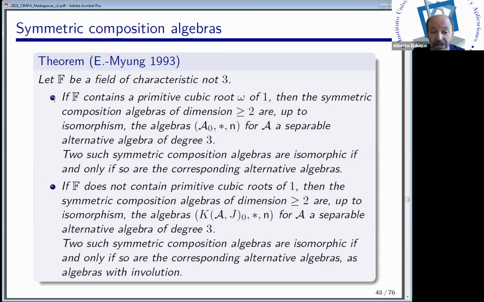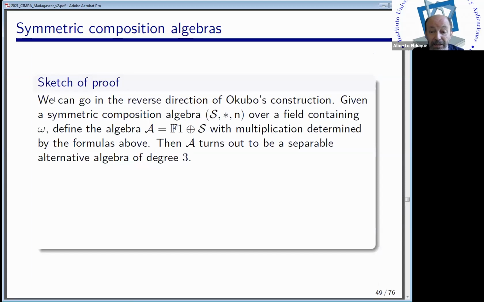Well, essentially, one has to make the computation that we already considered yesterday. And this computation can also go in the reverse direction. Okay, so if we start with a symmetric composition algebra, and if the field is good enough to contain the primitive cubic roots of 1, say omega, one of these cubic roots of 1, then one can define a new algebra adding a unity.